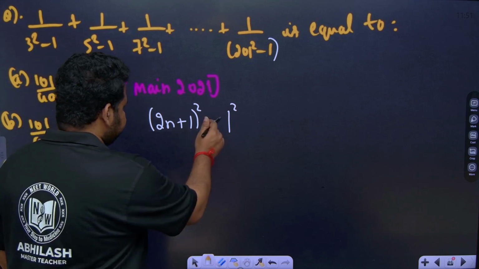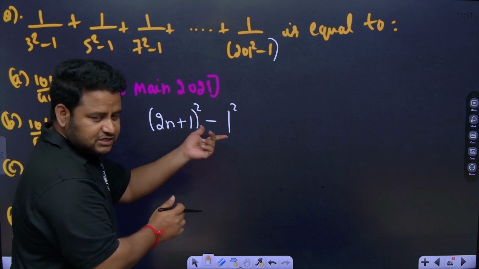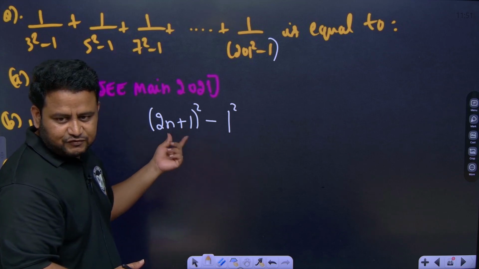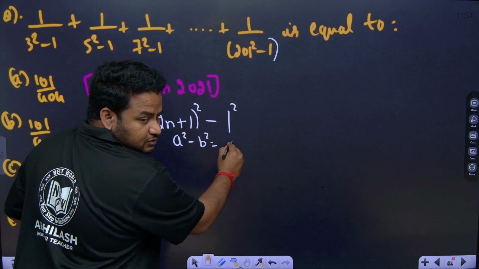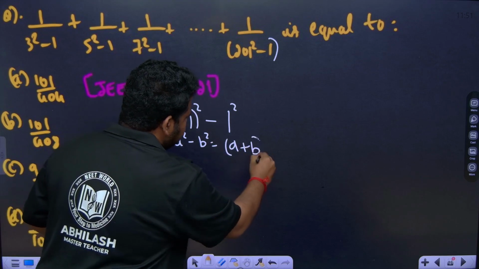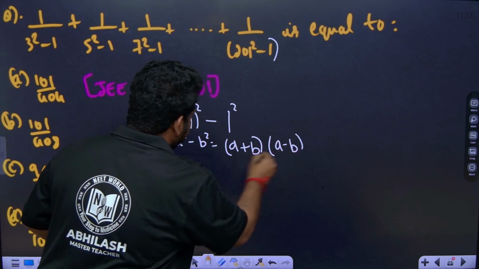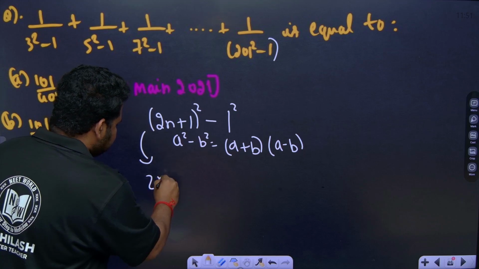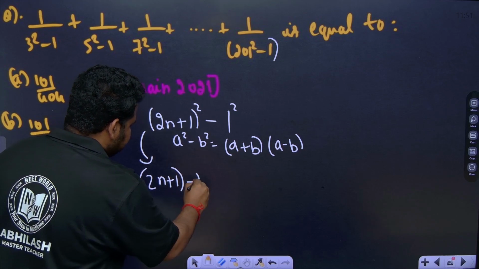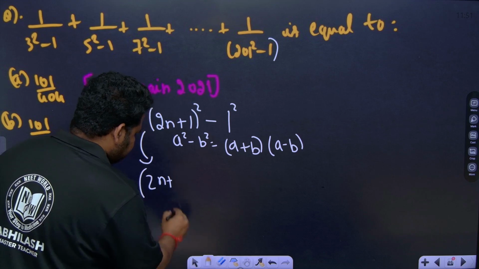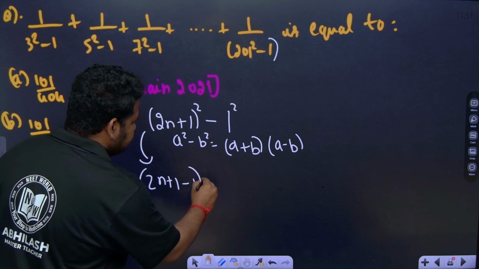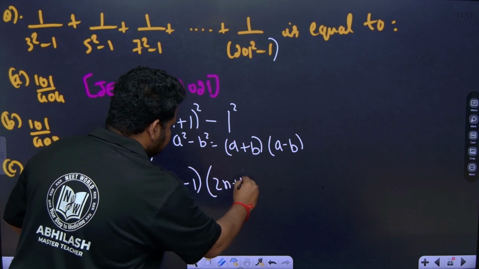Now see here, these are of the form a square minus b square, can I write it? A square minus b square can be written as what? A plus b into a minus b, correct. So I can write this here as 2n plus 1 minus 1 into 2n plus 1 plus 1.